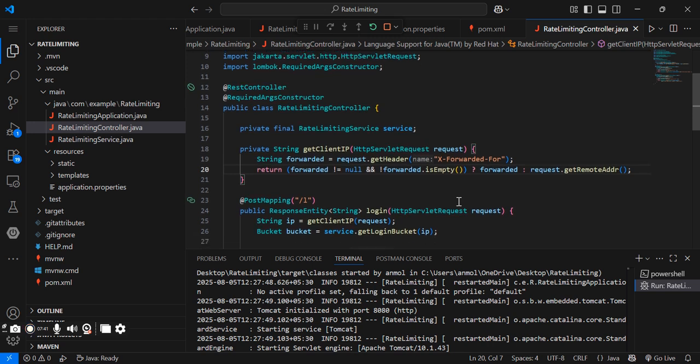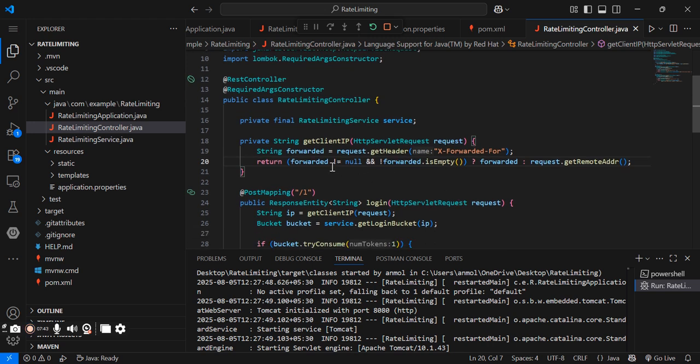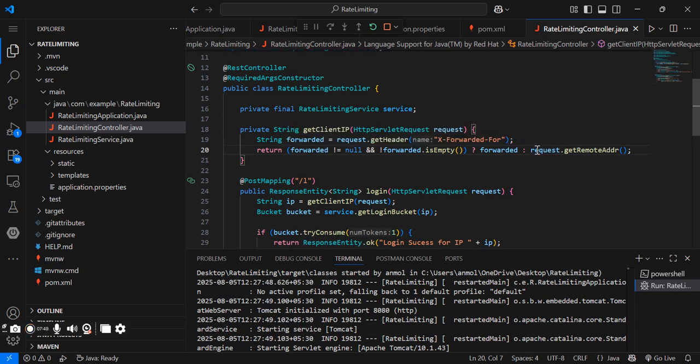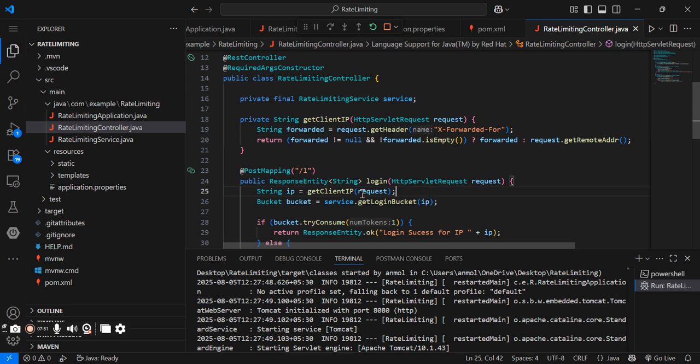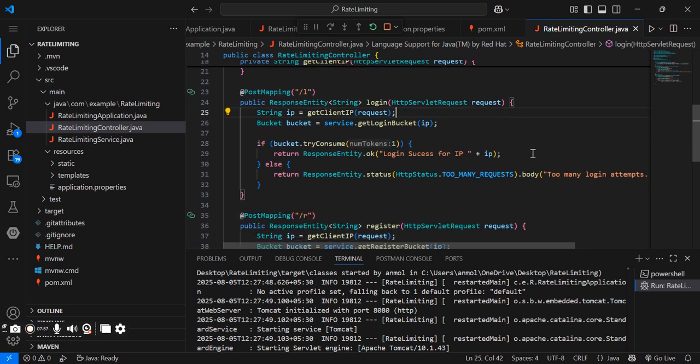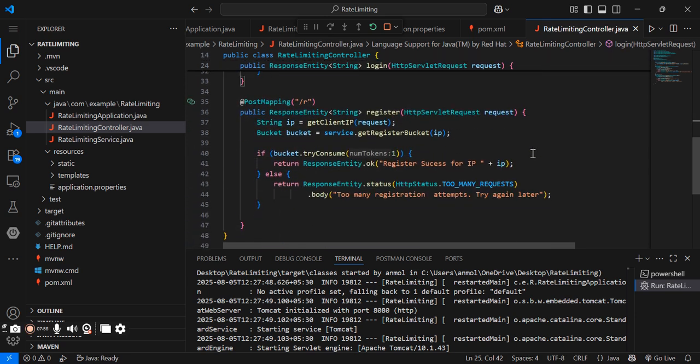If this is not empty or null, then go for the further return. For example, we get our IP address, then we are able to make requests. Here we get our IP address bucket, and as we try to consume, we find the IP, then make the request. This was the simple registration class.